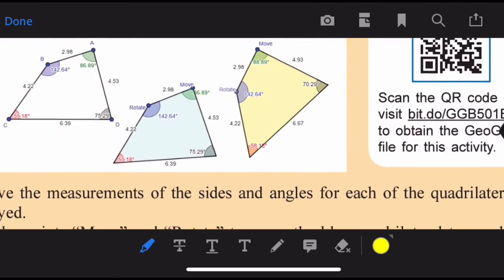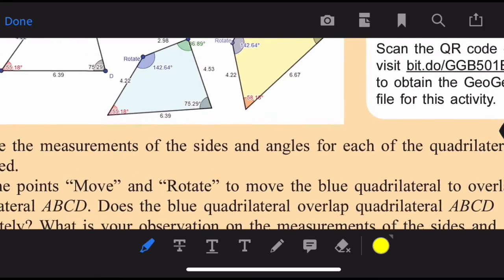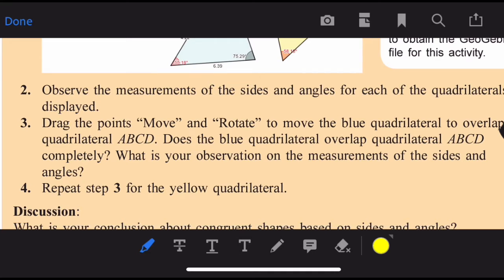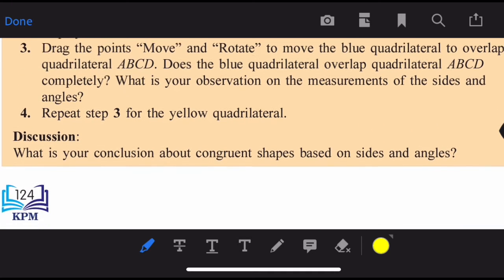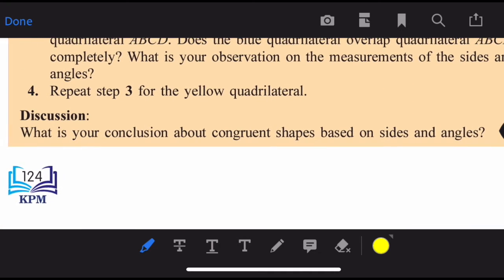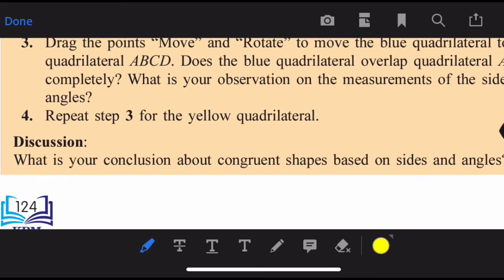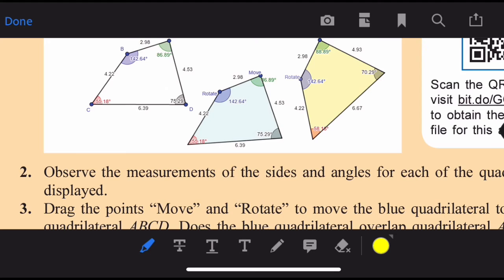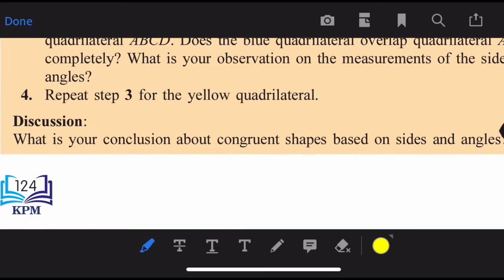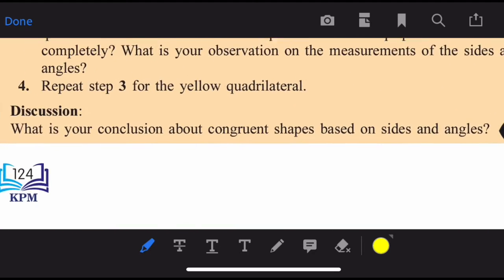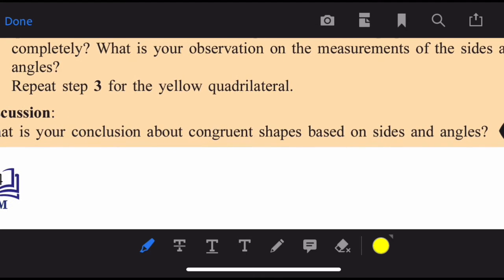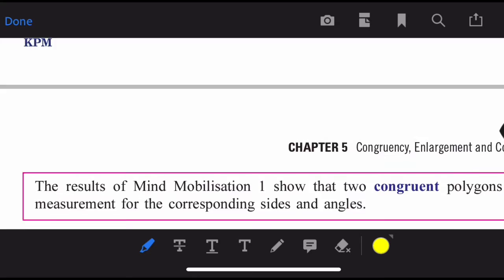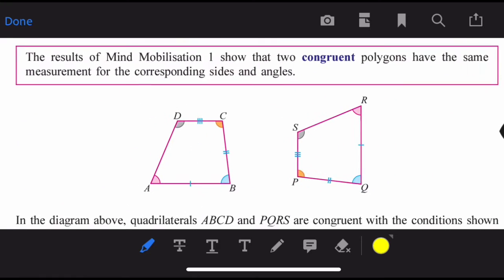You can scan the QR code and do these activities. For your information, you can refer to one of the videos that I created. This activity talks about congruent shapes based on size and angles. Then we proceed.